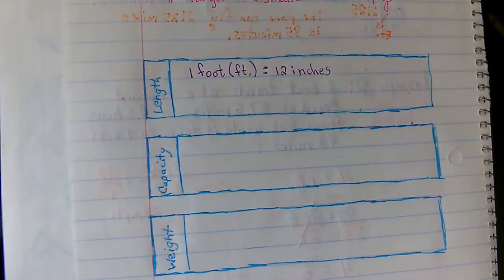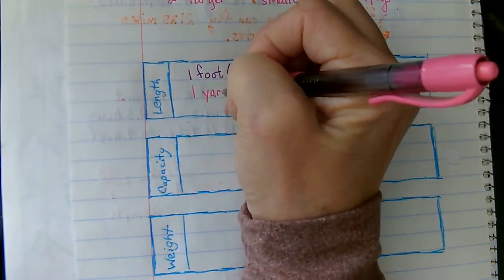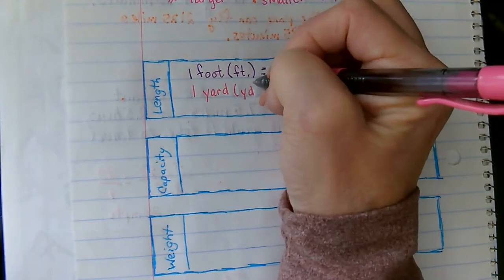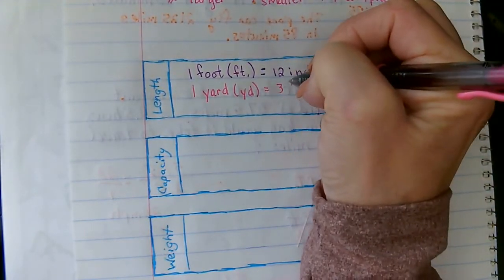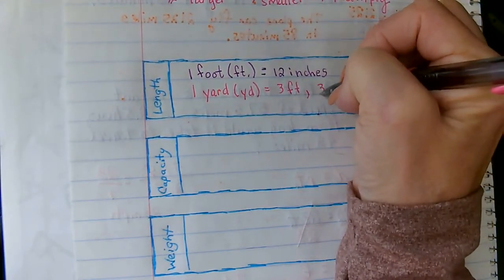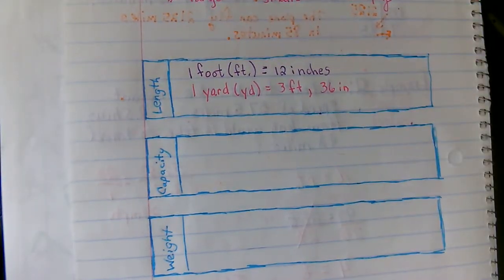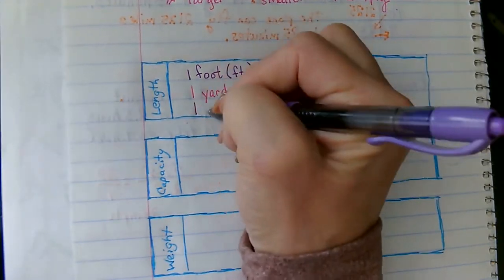On the next line, we're going to label 1 yard, and abbreviation for yard is YD, and that equals 3 feet. I'll abbreviate feet here. I'm going to put a comma, or 36 inches, and I'm just going to put an IN for inches abbreviation.